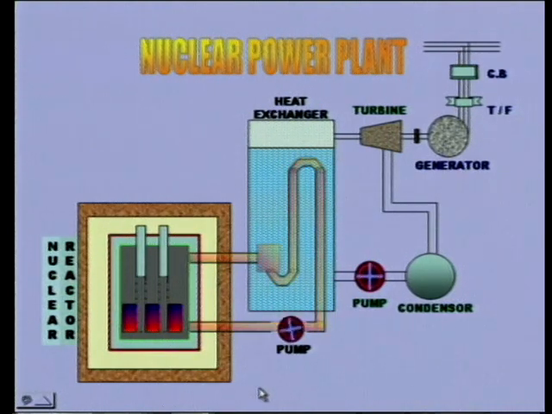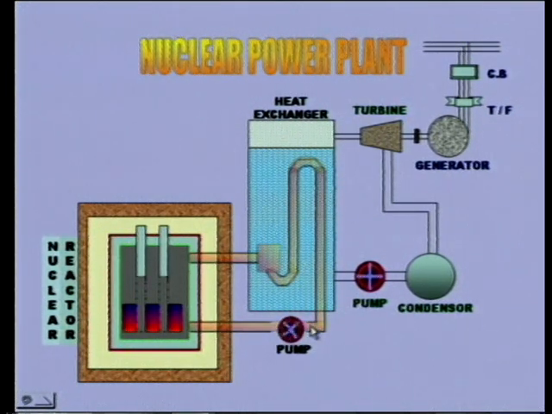Whenever the reactions are taking place, the coolant is circulated within; coolant enters from the bottom and leaves at the top. The coolant absorbs the heat generated in the nuclear reactor and flows through the heat exchanger.